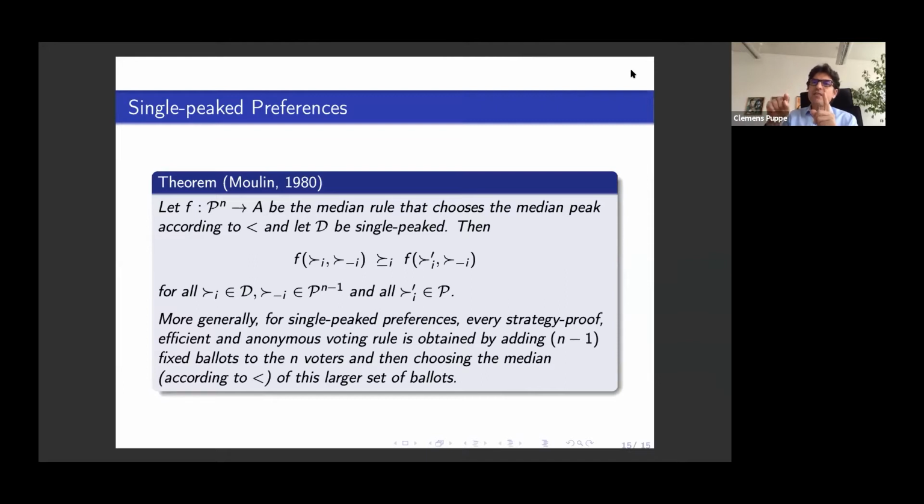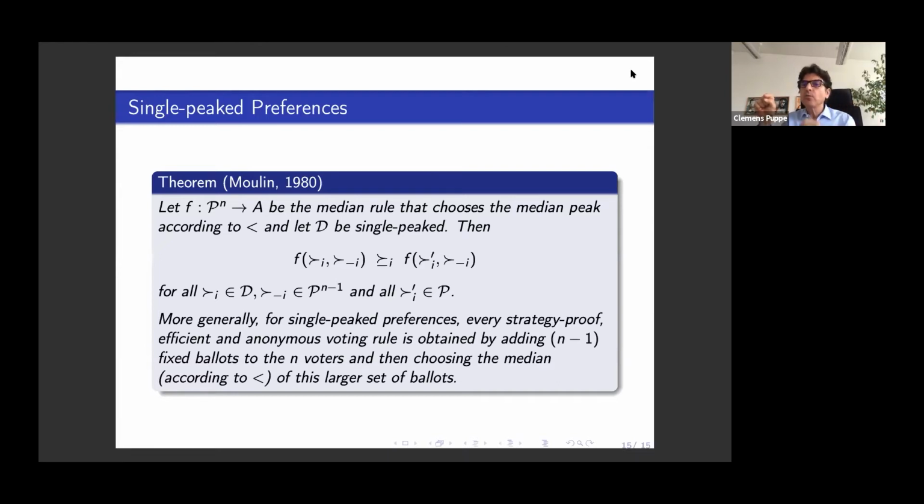What if you choose the strategy to move to the other side of the median? Well, then it could be that the median moves in that direction. But by assumption, your true preferred candidate is on the other side, and by single peakedness, right? Single peakedness means the further away, the worse.